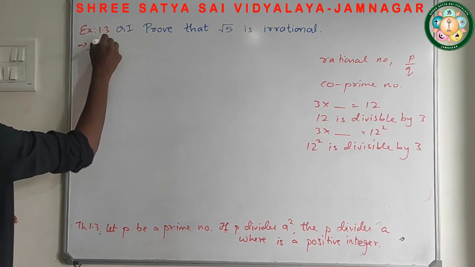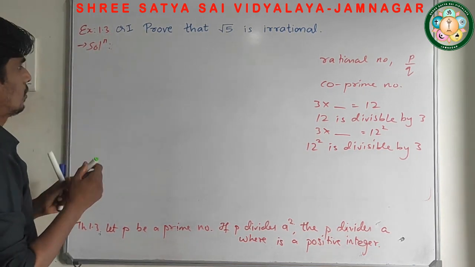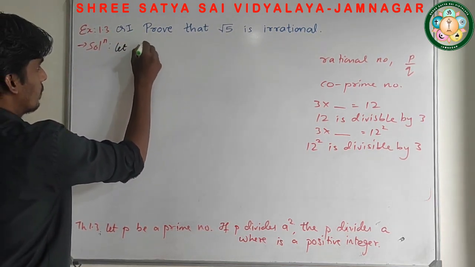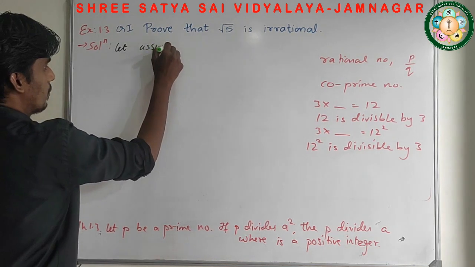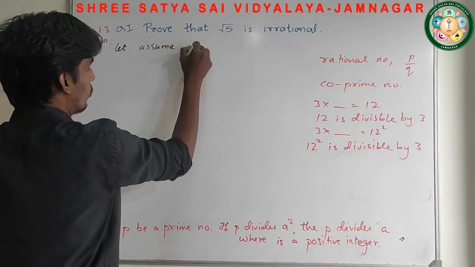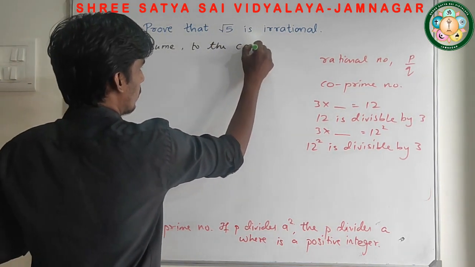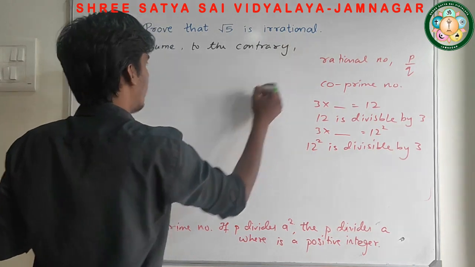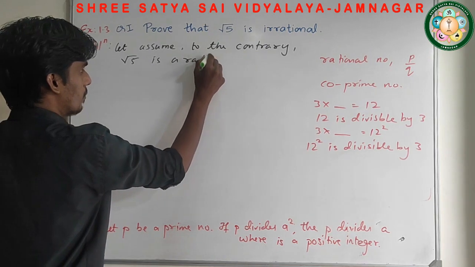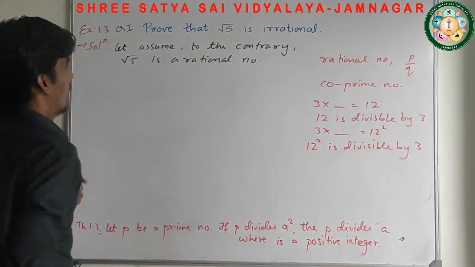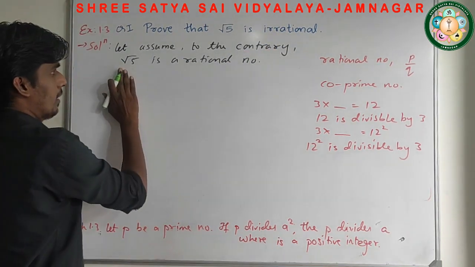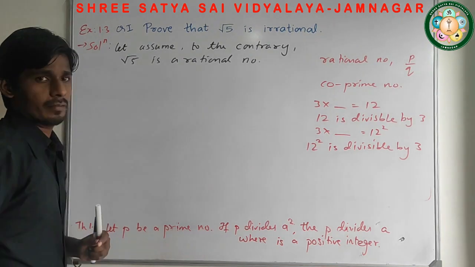For solution, the first step is what? Let us assume to the contrary that root 5 is a rational number. जो मुझे प्रूव करना है उसका अपोजिट स्टेटमेंट ले लिया.